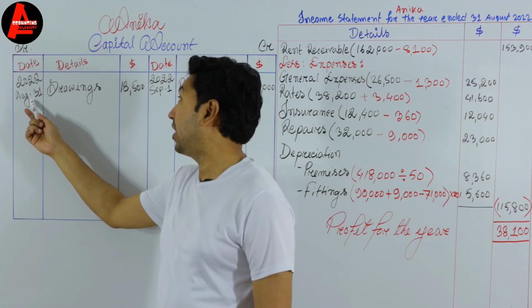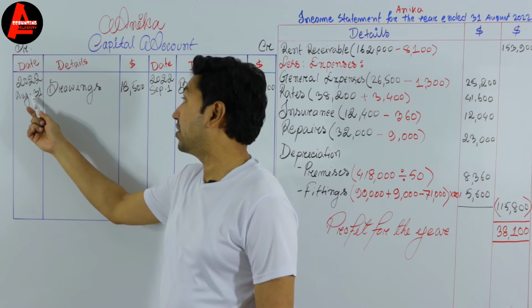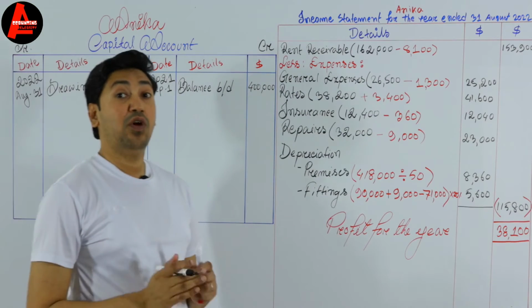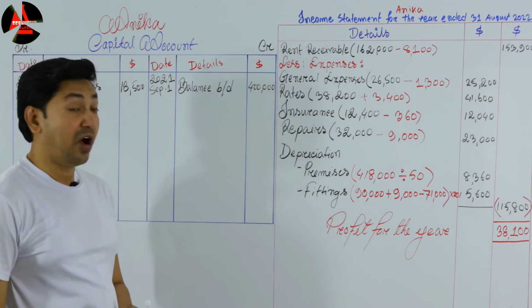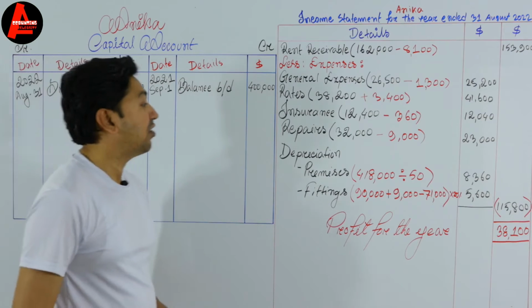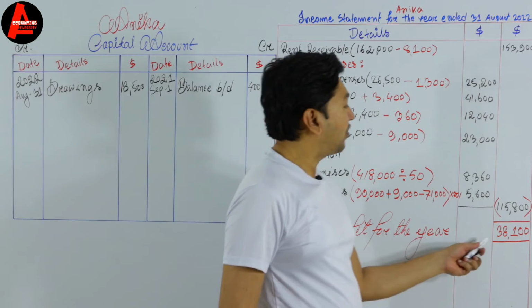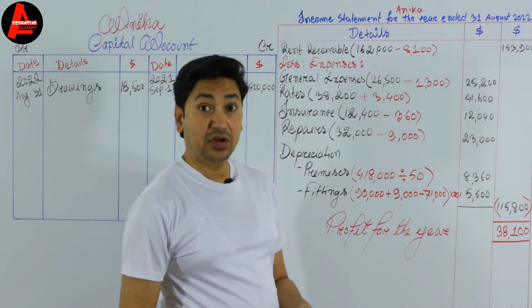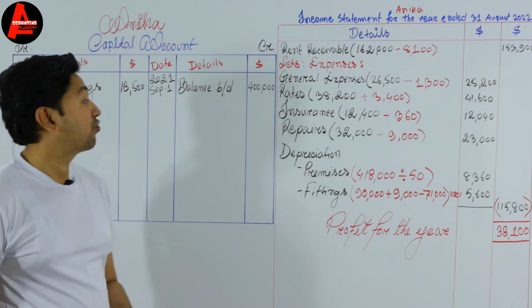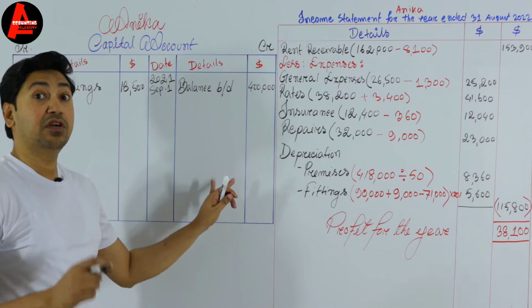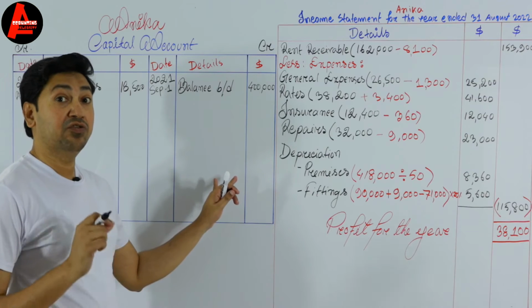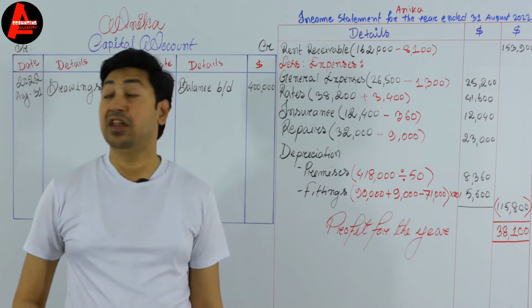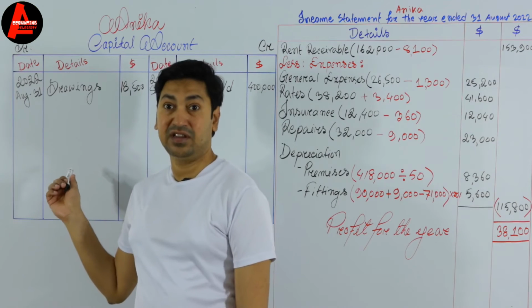The closing date is 31st August 2022. Great, then we have one more item, which is income or loss. Here we have profit for the year, $38,100. If it is an income, we write it on the credit side, because income is a normal credit item.